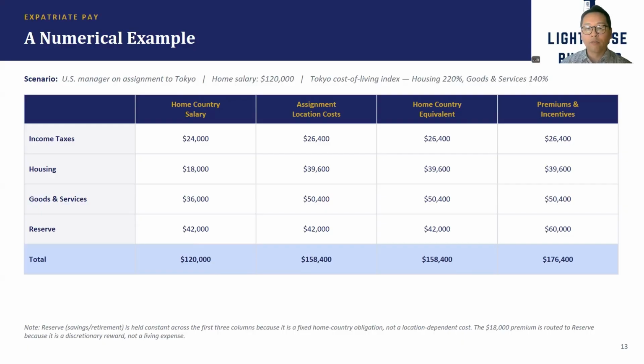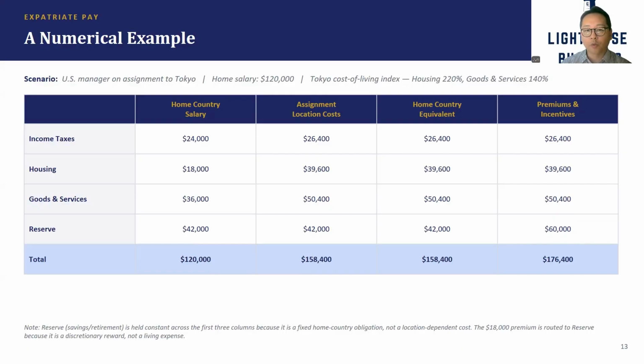Finally, column 4 is the actual incentive for taking the assignment. In this case, an $18,000 mobility and hardship premium. Notice where it lands, not in housing, not in goods and services, but in reserve. That's deliberate. This money isn't meant to cover cost of living.